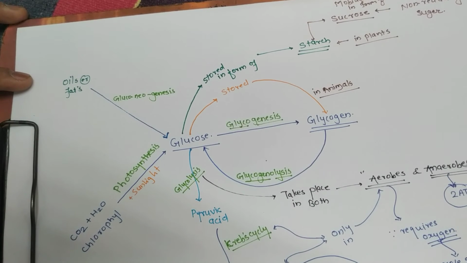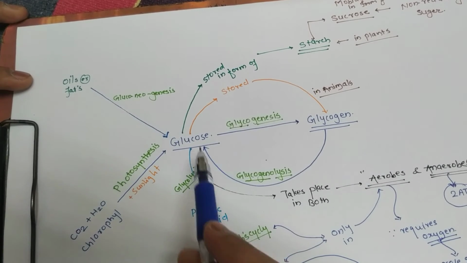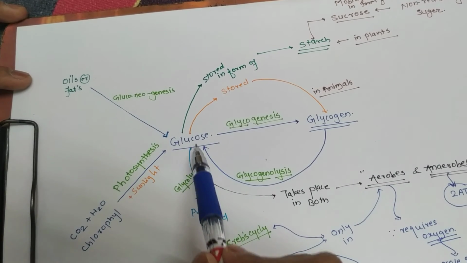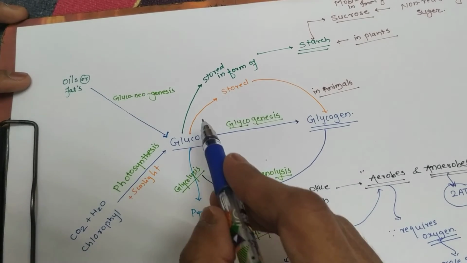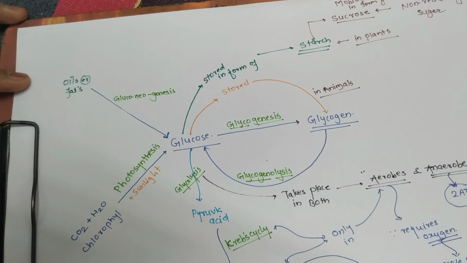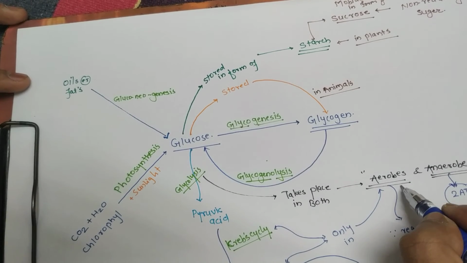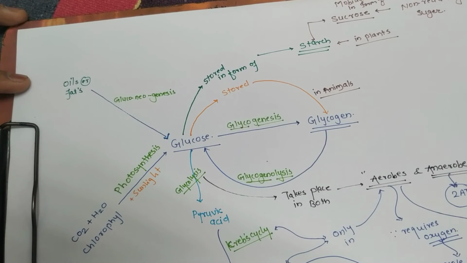Once the final electron is accepted in the ETS, then the whole process from glucose to pyruvic acid to this and ATP takes place. So actually we are learning it in reverse direction. When the oxygen takes the electron, then these steps are carried out. And in this process, 38 ATPs are generated, that is the net production.